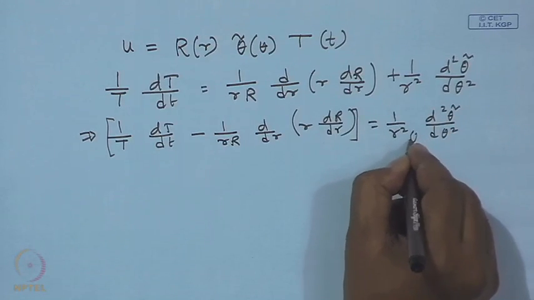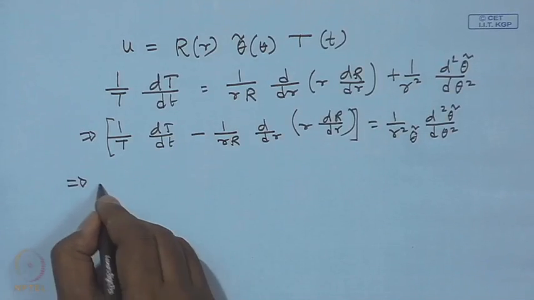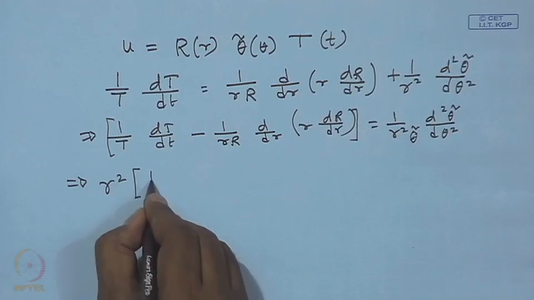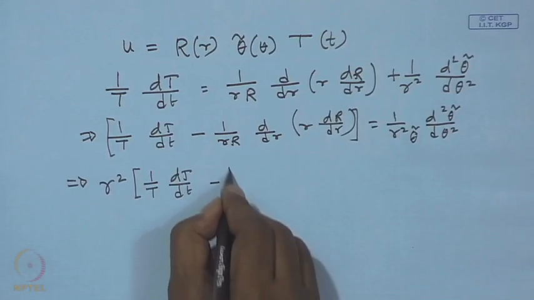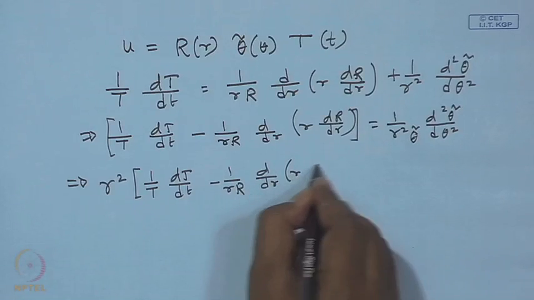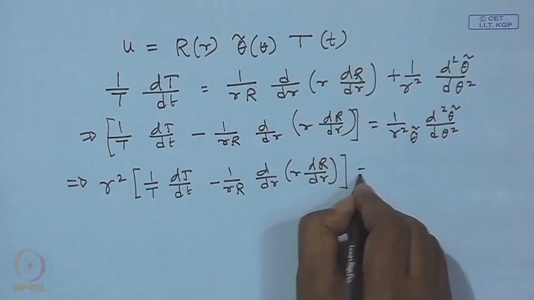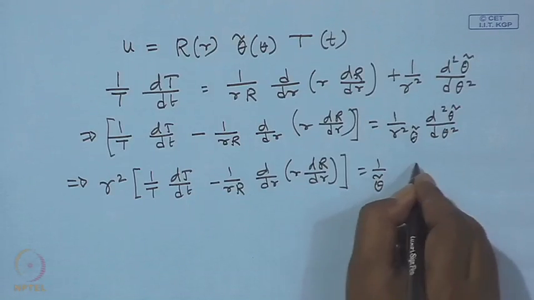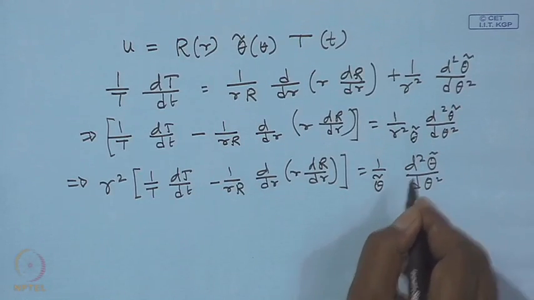There will be a theta hat in the denominator. Now, we multiply both sides by r square. So, this becomes r square times 1 over T dT/dt minus 1 over R 1 over r d/dr of r dR/dr is equal to 1 over theta hat d square theta hat d theta square.